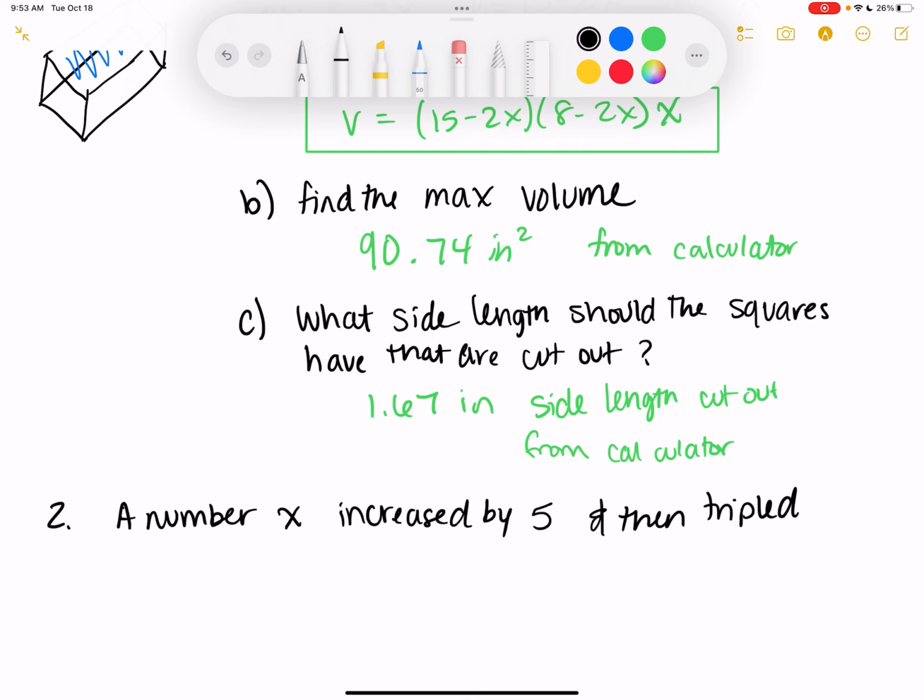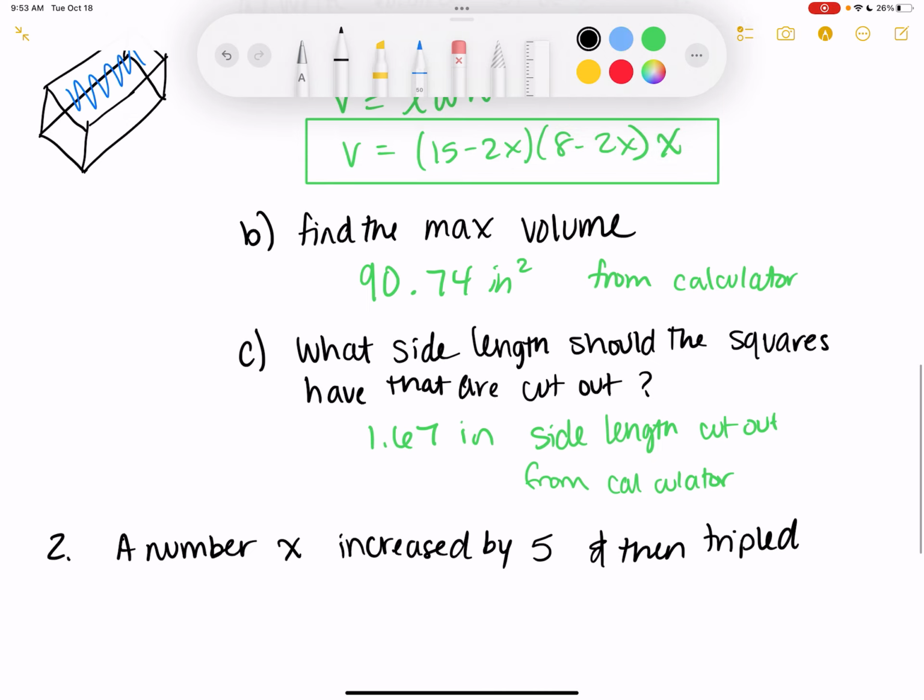So what would that equation be set up as? X plus 5 cubed. Triple, so that's just times 3. X plus 5 times 3. Yeah, that's right. 3 times (x plus 5).